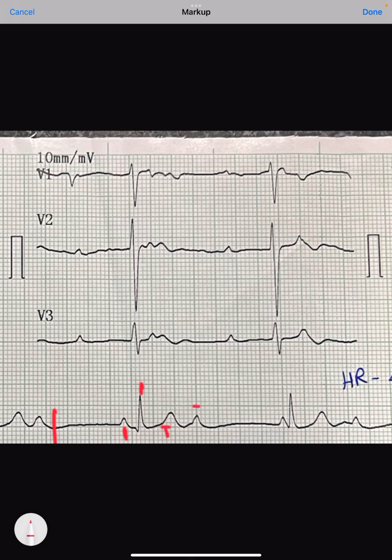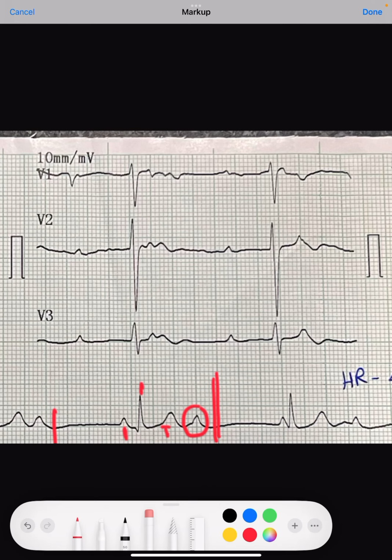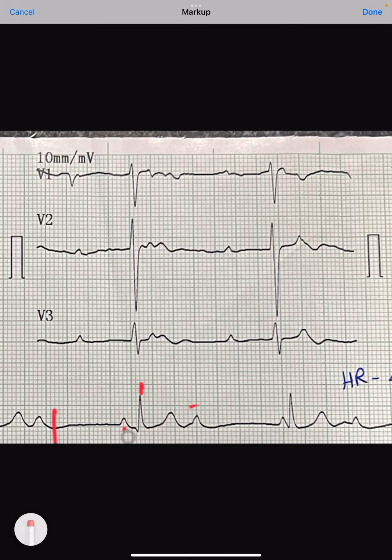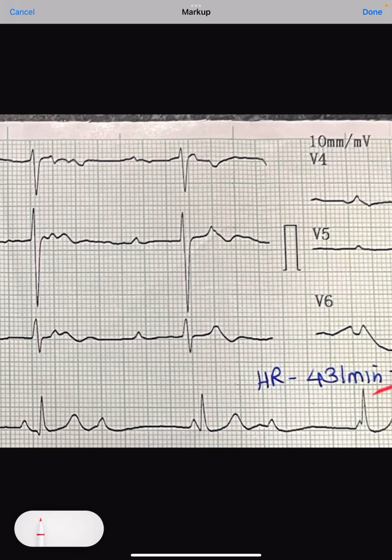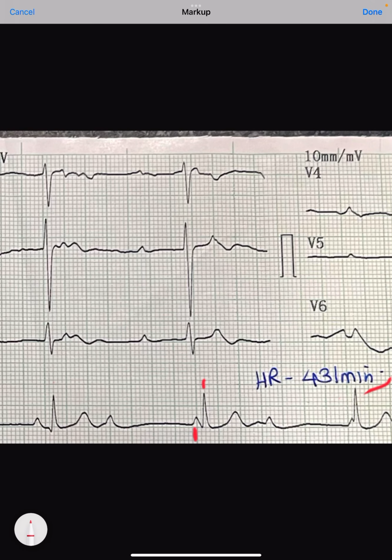This is P, so there is no QRS here. That is directly dropped. So in this ECG, there is no PR prolongation and there is a direct drop in the QRS complex. Here also, P is there, QRS is there, this is the T wave, and this is again P and there is a drop in QRS. So this is not at all Mobitz 1.